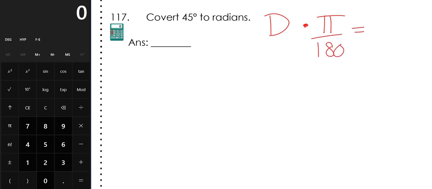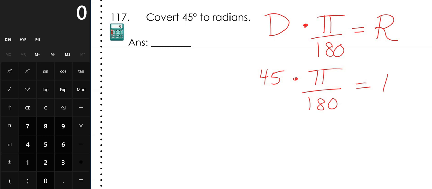And whatever you get is your radian measure. So here we have 45 degrees times pi over 180, and that's going to give you radians. Now, when we're talking about radians and we see pi, it doesn't mean 3.14. Okay, so keep the pi along for the ride.